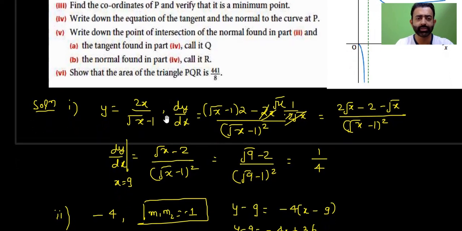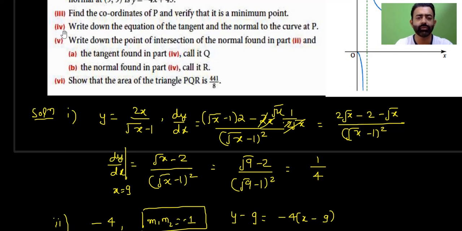Third part is done. Let us see what fourth part says. Fourth says that write down the equation of the tangent and the normal to the curve at point P. Now since P is another point which is 4, 8, at this point we have to find out the tangent and normals.